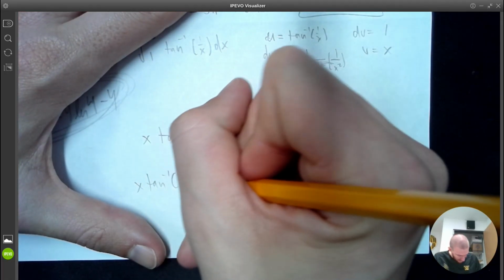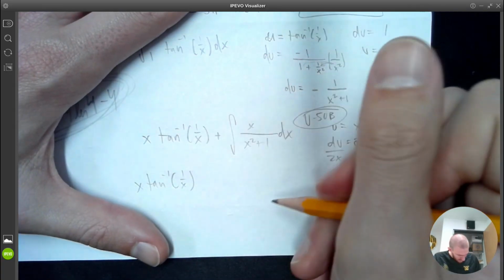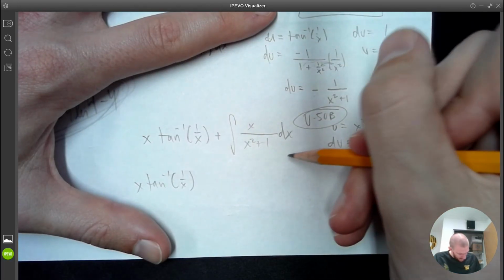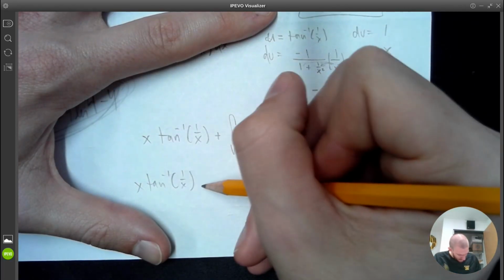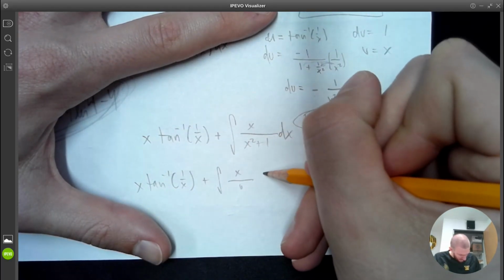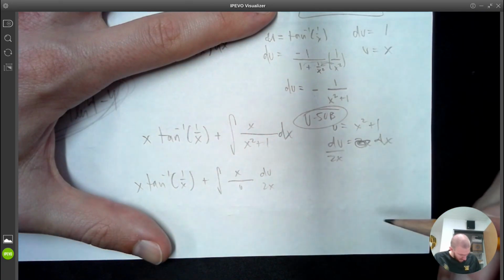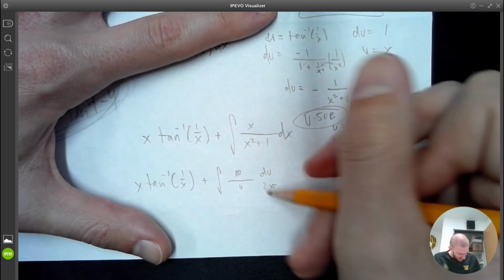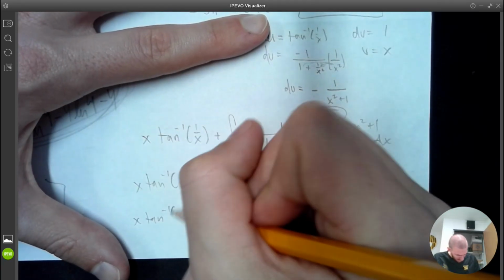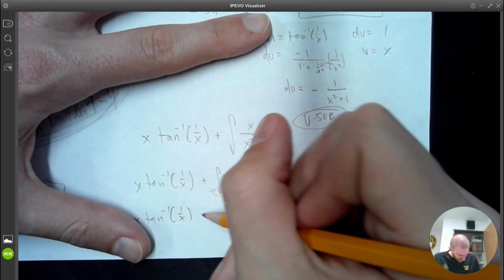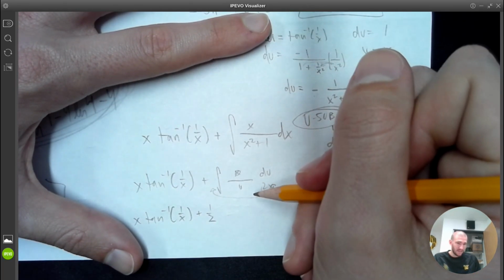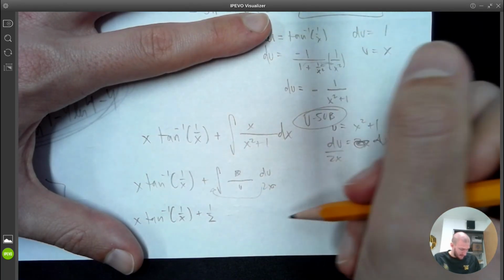x arctangent of 1 over x. This integral is going to become u on the bottom, x on the top, du, 2x on the bottom. The x's are going to go away. The 2 needs to come out front, but it's a 1/2. x arctangent of 1 over x plus 1/2, u on the bottom, we just did this. It was negative.